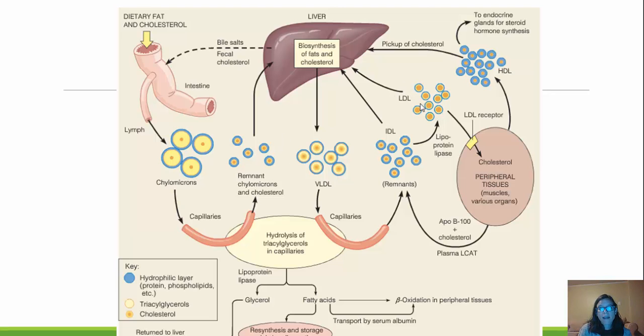The LDL can then go either back to the liver via the LDL receptor or to our peripheral tissues via the LDL receptor. Here, a couple of things can happen.